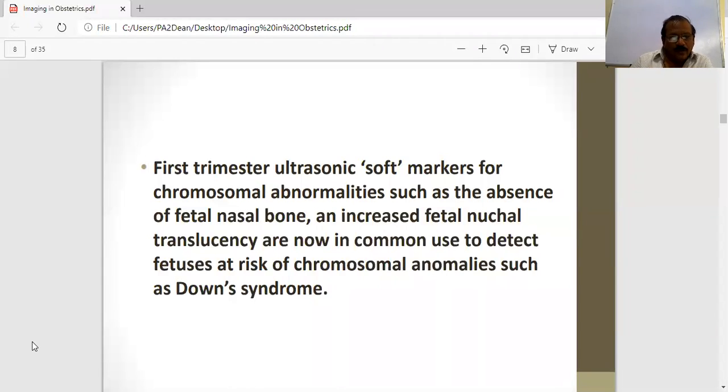Once we diagnose chromosomal anomalies like Down syndrome, we have to consider terminating the pregnancy. So to decide whether to terminate or continue the pregnancy, we have to look for the soft markers: fetal nasal bone and increased fetal nuchal translucency.